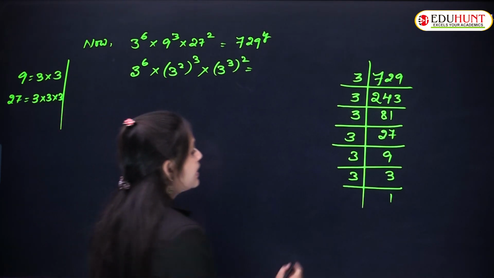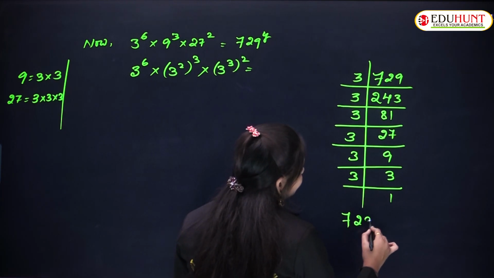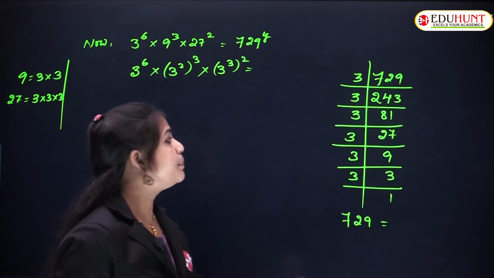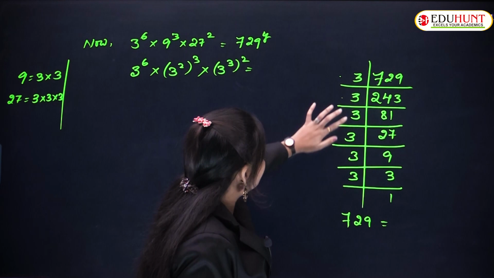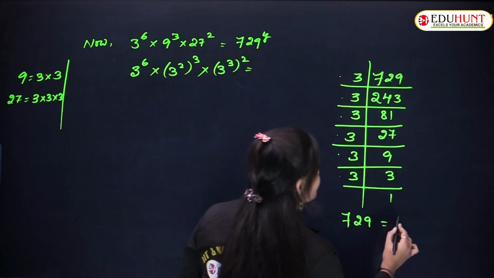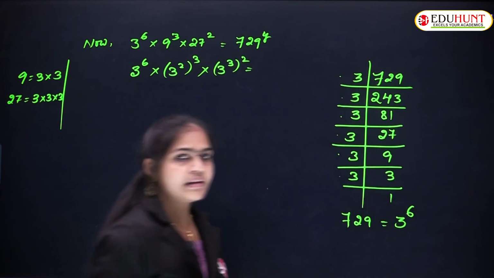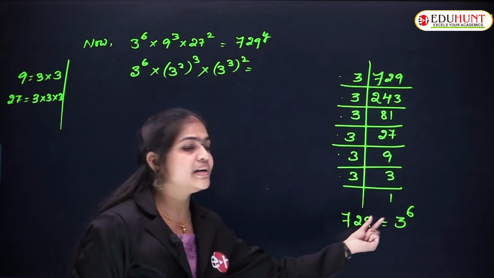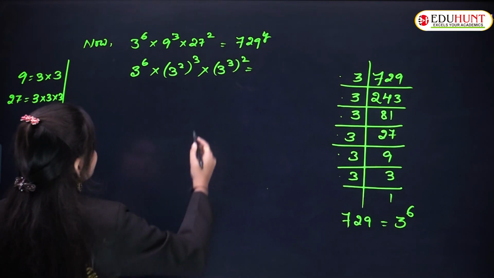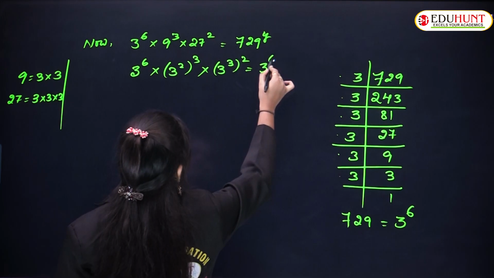Clear? Then how can we write 729? 729 we can write as the power of 3 as 1, 2, 3, 4, 5, 6. So 3 power 6. The value of 3 power 6 is 729.